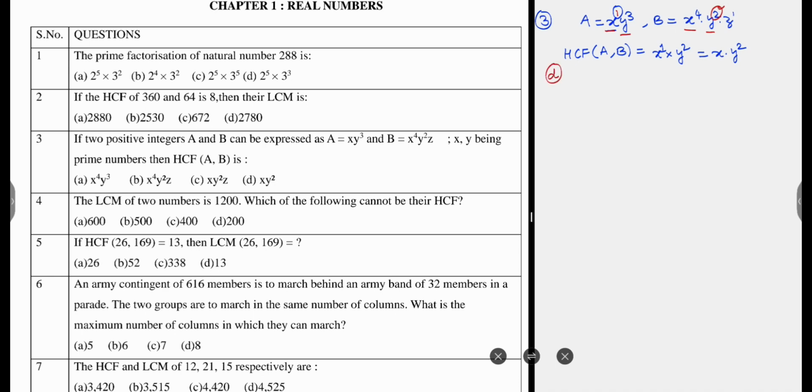Now question number 4. Here it is given that the LCM of two numbers is 1200. Which of the following cannot be the HCF? Here we have to remember one point.